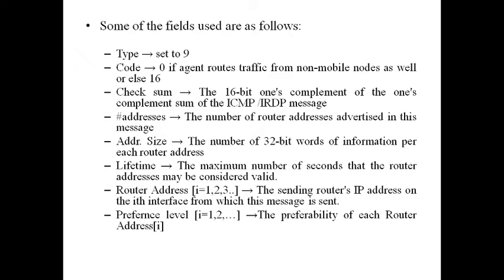Mobility means a mobile device can send messages either to a mobile device or to a fixed network. You cannot say it will only send packets to mobile devices. It can send packets to mobile devices and also to the fixed network. Okay. So code is set to 0 if the agent routes traffic from non-mobile nodes also.